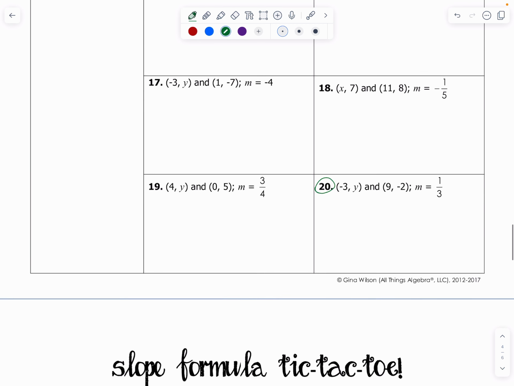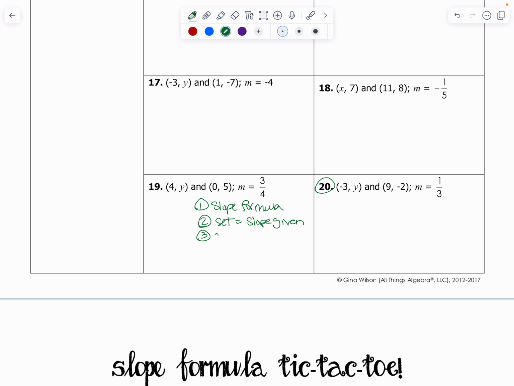And then let's look at 20. So again, step 1 is what? Step 1 is to use the slope formula. Step 2 is to set equal to the slope given.